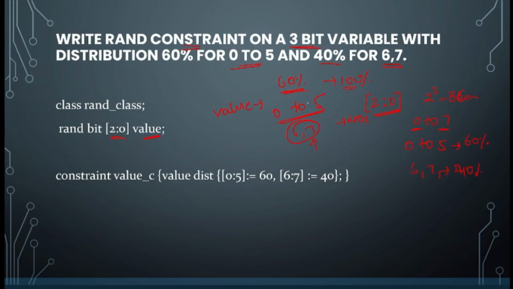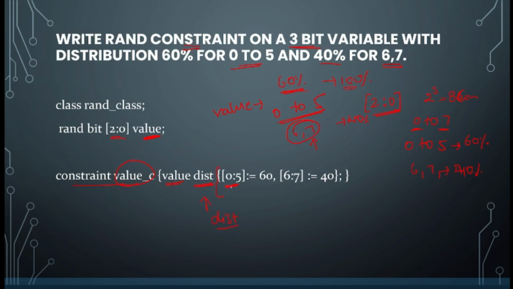For this you have to write the constraint. So how are you going to write this constraint? Constraint name, and for this particular variable, value, I am writing the constraint. dist is the keyword for distribution. dist means the weightage of that particular variable. So what is the weightage?